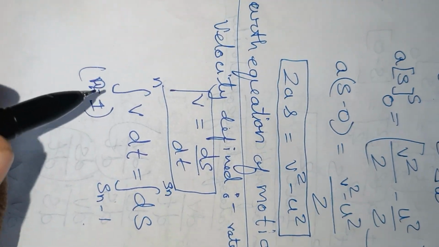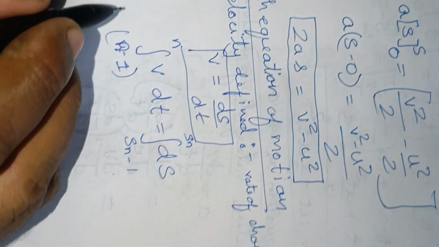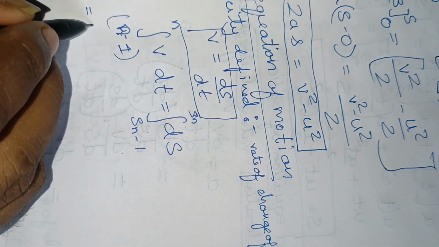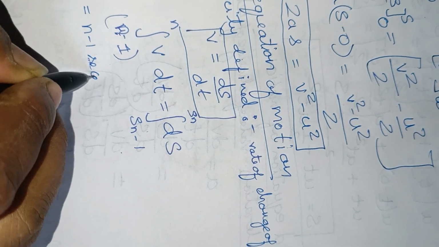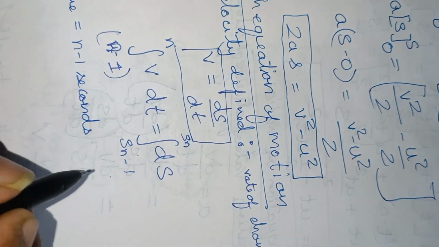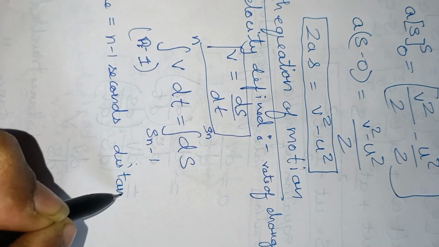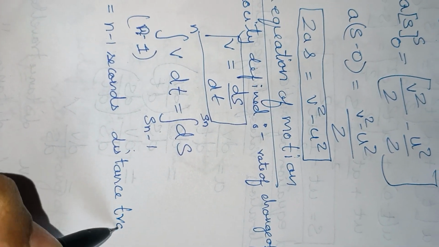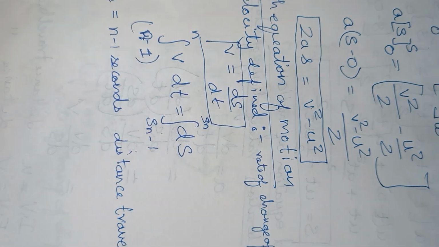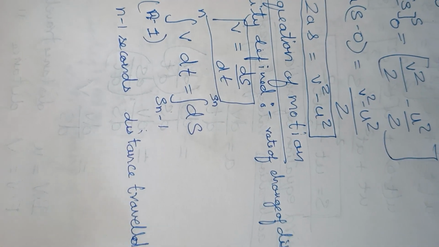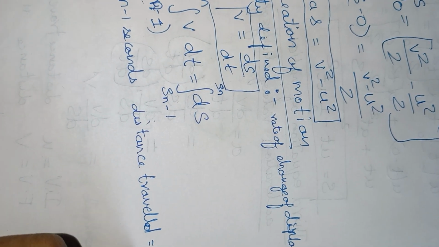Since let us consider the time duration of n minus 1 seconds. For n minus 1 seconds, the distance traveled would be s n minus 1.